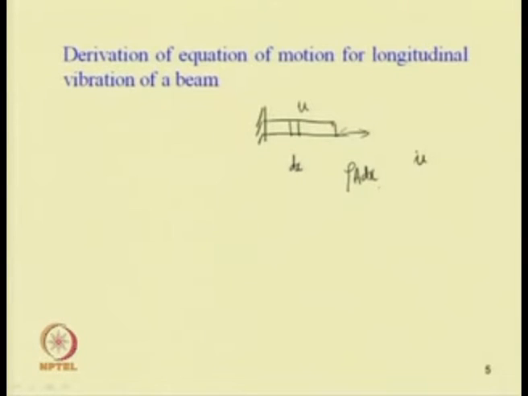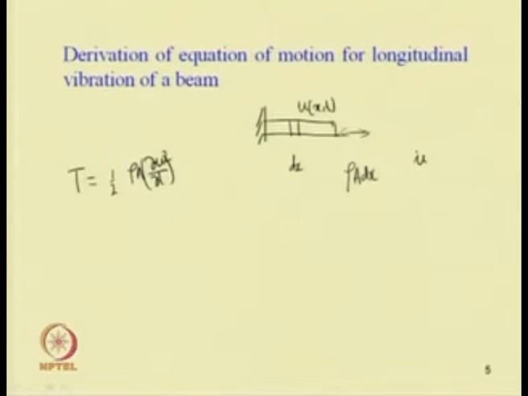Using the extended Hamilton principle, first we should write all the energy terms. Let us first write the kinetic energy T. As u is a function of both x and t, we can write the velocity as del u by del t.